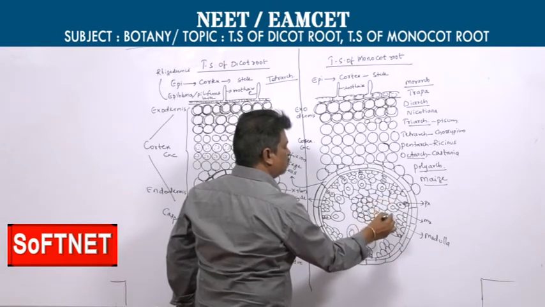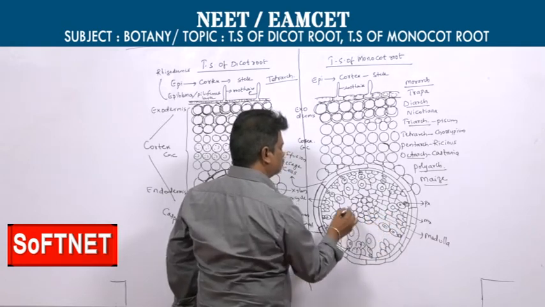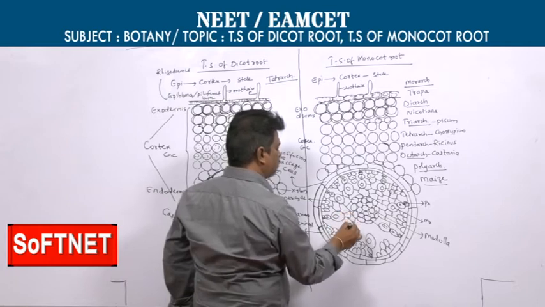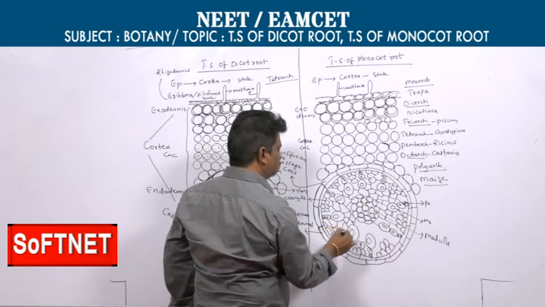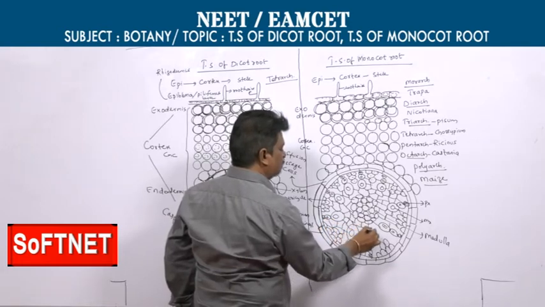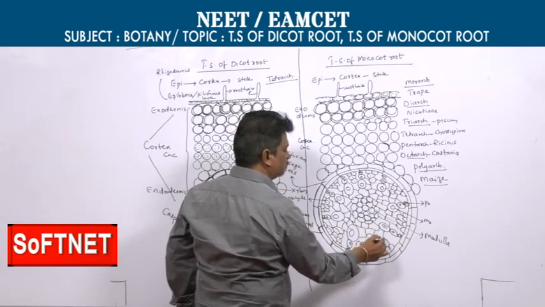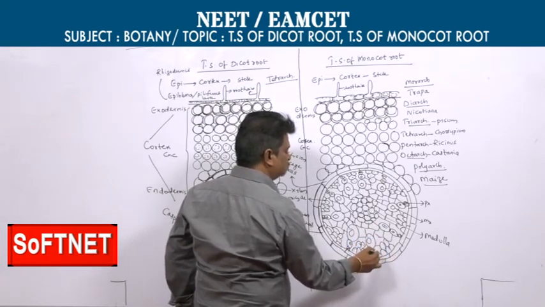In dicot root, the parenchymatous conjunctive tissue helps in storage and even by dedifferentiation produces cambium.